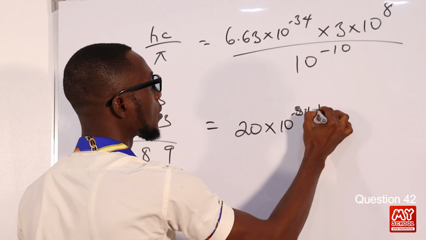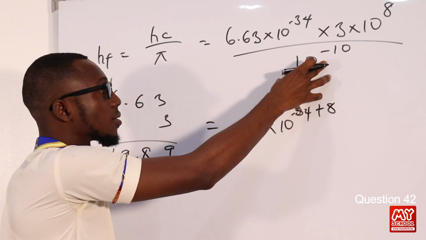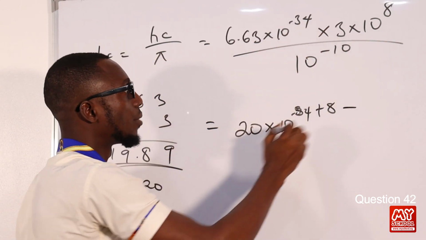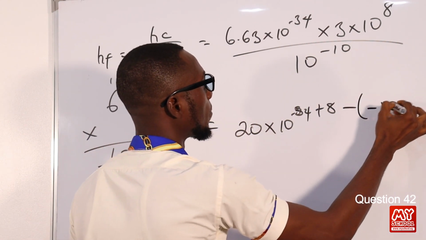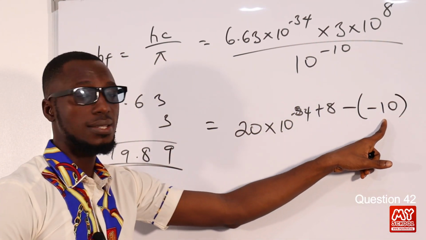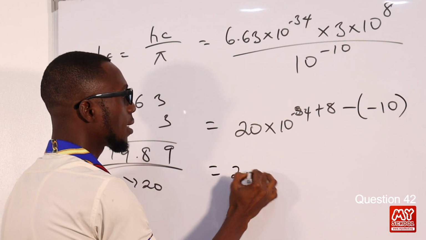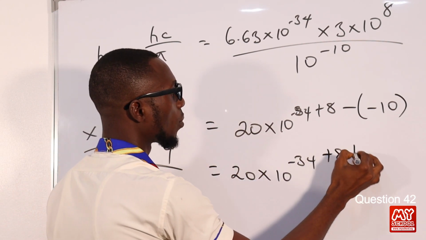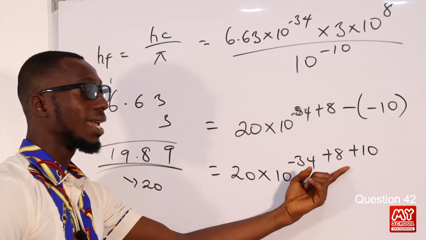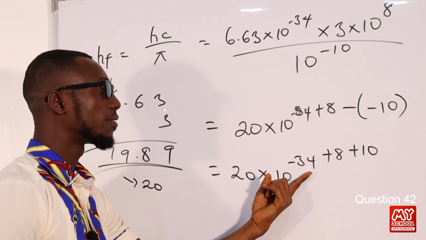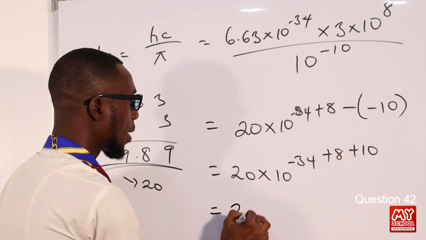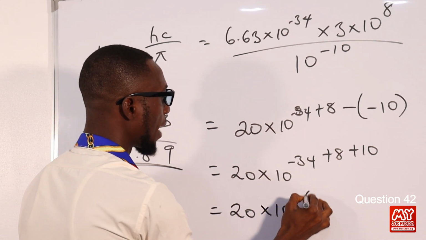Times will turn to plus 8. Then this is underneath; when it comes up, it will become minus. The divide here means minus into brackets minus 10. So minus times minus, that is plus. So I should have 20 times 10 raised to the power minus 34 plus 8 plus 10. 10 plus 8, that is 18. Minus 34 plus 18 gives us minus 16. So I have 20 times 10 raised to the power minus 16.